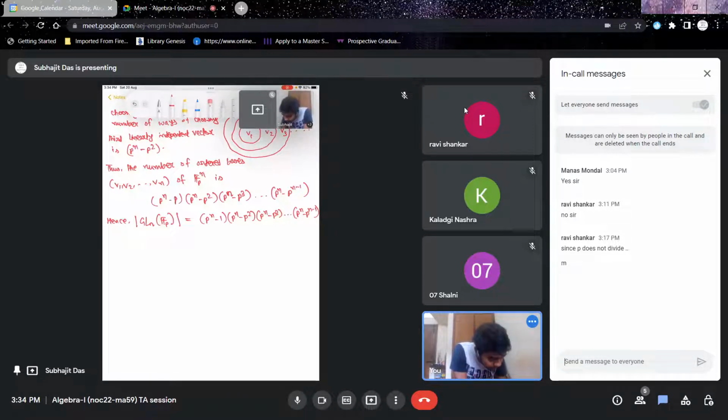So the cardinality of GL n Fp is equal to p to the power 1 plus up to n minus 1, times p to the power n minus 1 minus 1, times p to the power n minus 2 minus 1, and you continue this, you get p minus 1 ultimately.